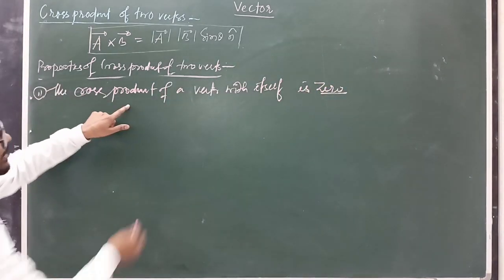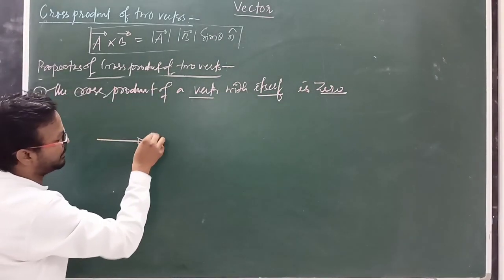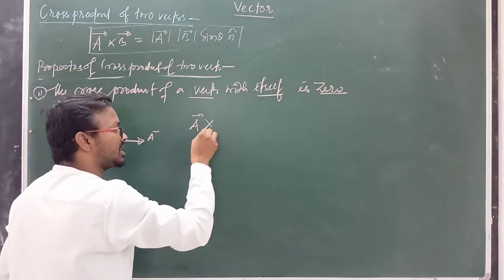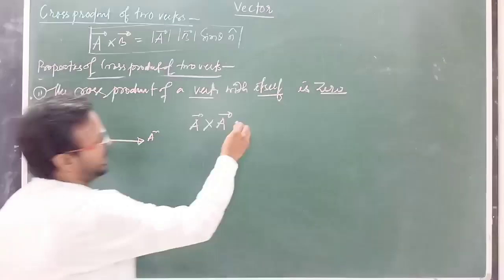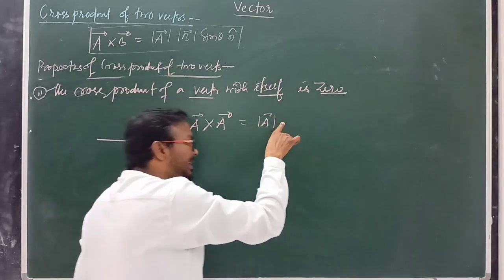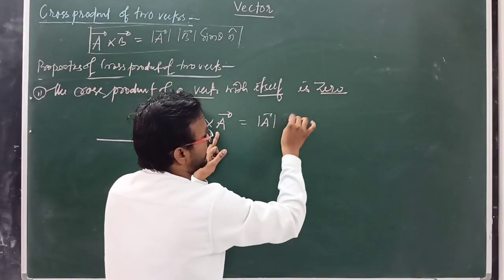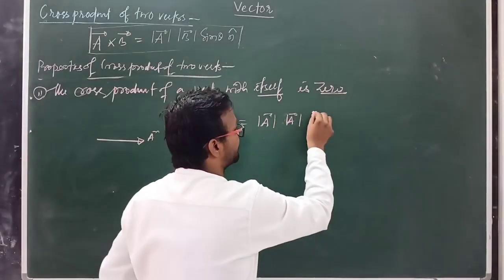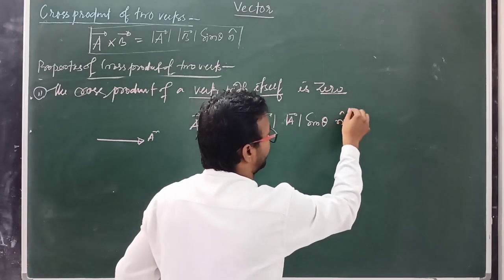Means the cross product of a vector with itself. Suppose one vector A is here, and we have to take the cross product of the A vector with another vector, the same vector itself. So here the magnitude of A and the magnitude of B, but here B is A, so you can write the magnitude of A vector, AB sin theta, into n cap.